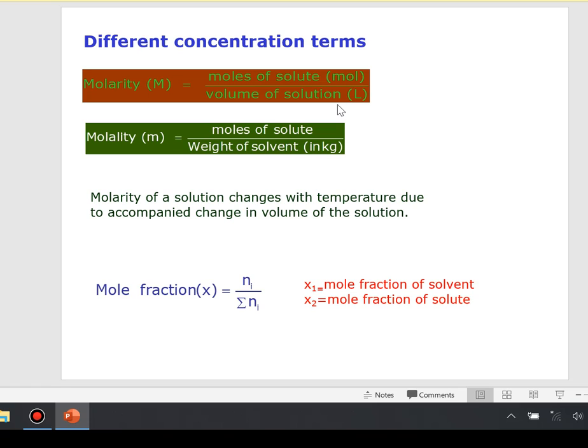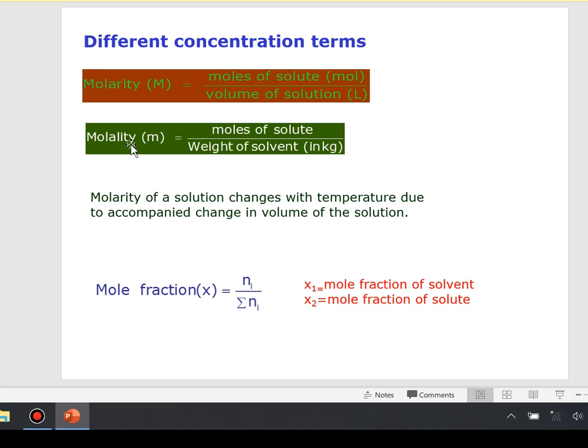Moles of solute means weight of solute upon its molar mass, then we can calculate the moles. Then it will be divided by the volume of solution in liter. That is molarity. Its unit will be mole per liter, and it is always represented by capital M. That is the first method of representing concentration.